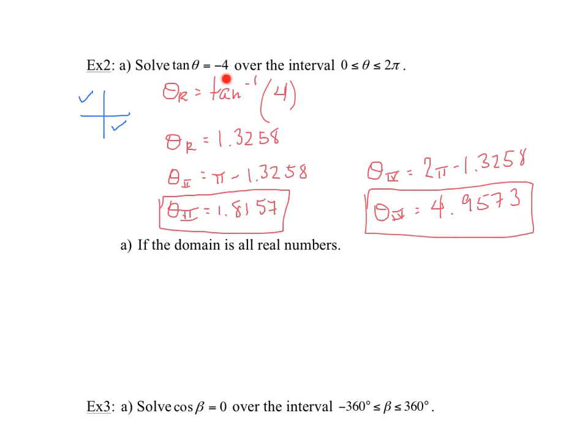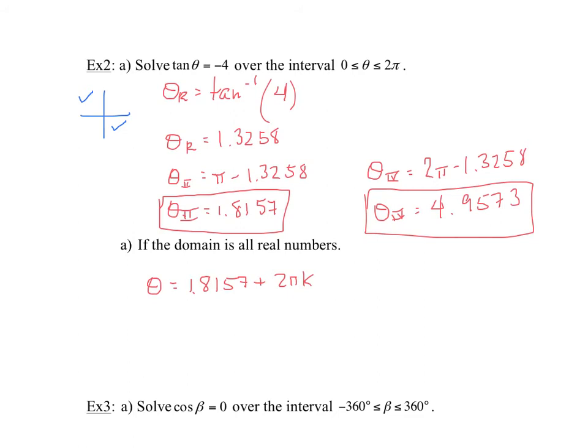If this question asked you to find the domain where all real numbers are allowed, you would do all of this work, except you take these two solutions and add the exact same thing we added last time. So you would take your angle of 1.8157 and add your 2 pi k.